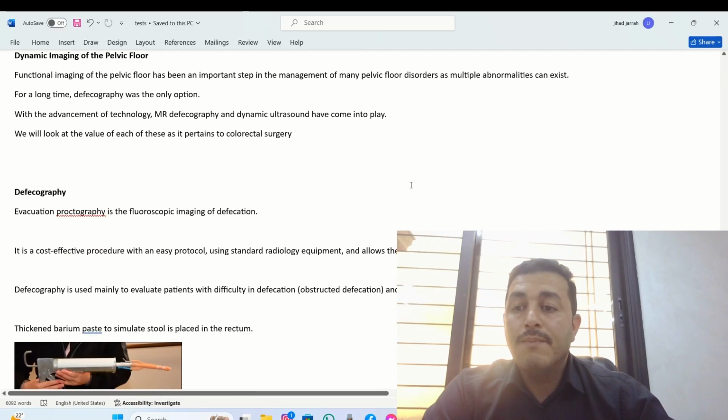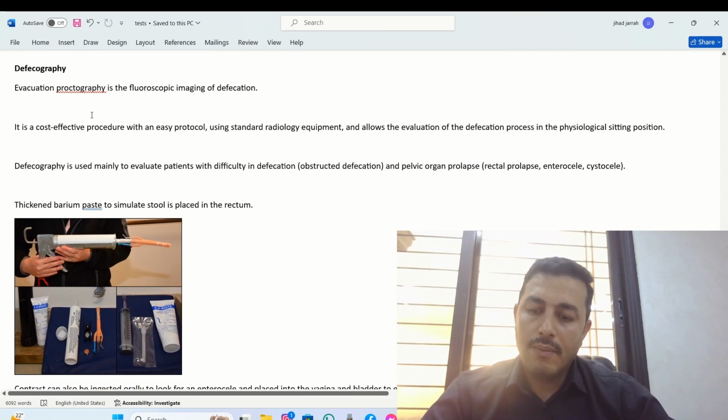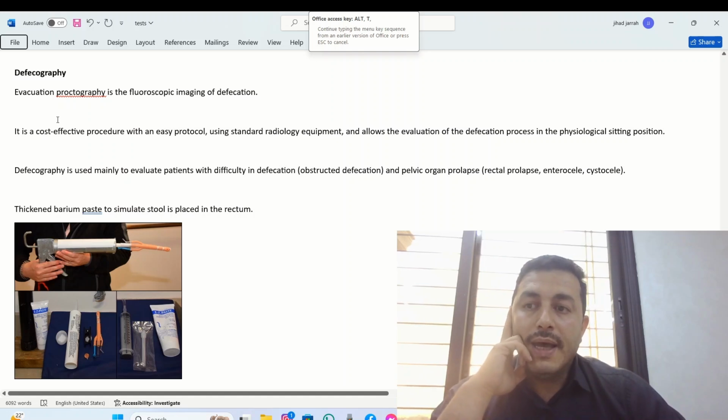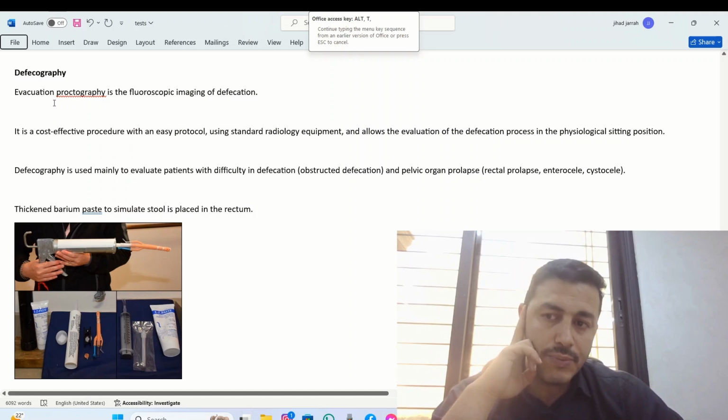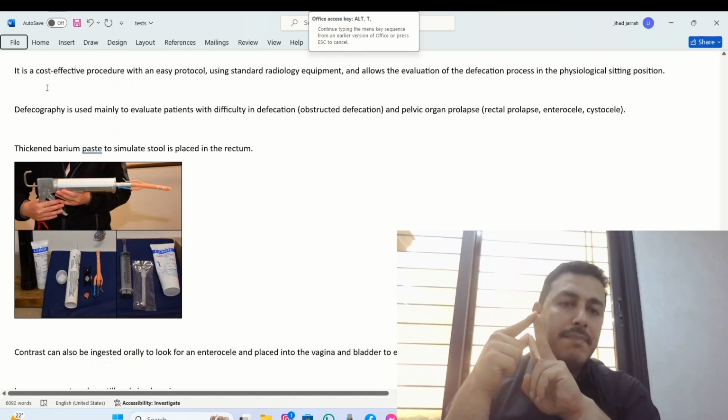Let's first move to defecography, or what we call the evacuation proctography, or dynamic proctography. Actually, it's cost effective and it can assess two main pathologies.